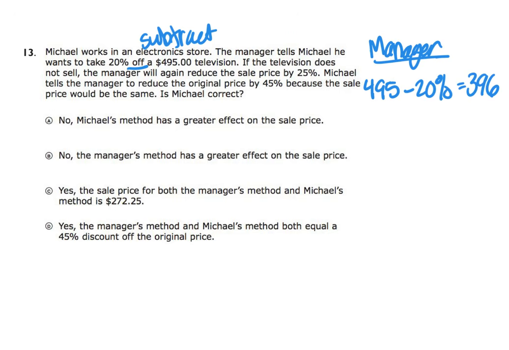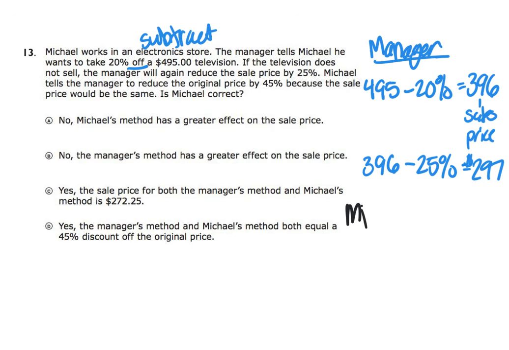So 396 is my sales price. The television doesn't sell, so the manager tells Michael to go back to the 396 and then take an additional 25% off. And that will give us 297. So the final sales price for the manager is 297.